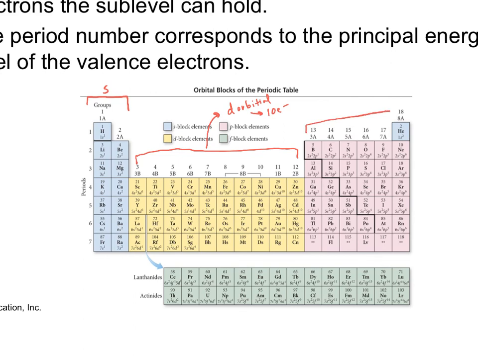These guys over here are 6 columns wide because, again, we're filling the p orbitals. And then the lanthanides and actinides are 14 columns across because we're filling the f orbitals. This is why the periodic table is the exact way it is, because we're filling these various s, p, and d orbitals, and that's why we get the number of columns that we do.